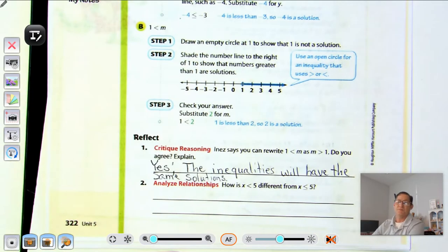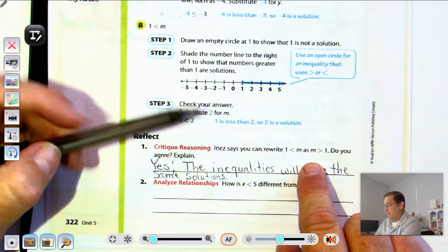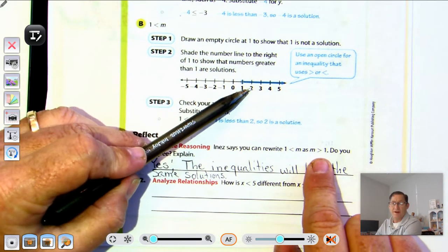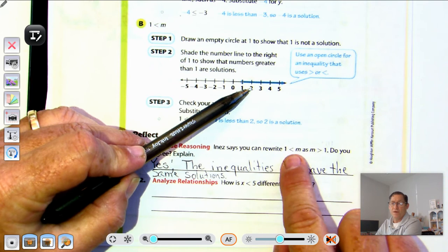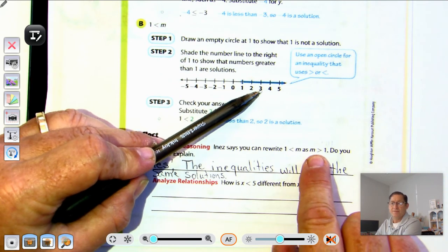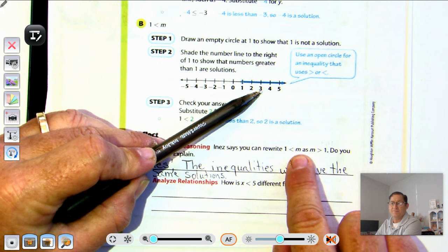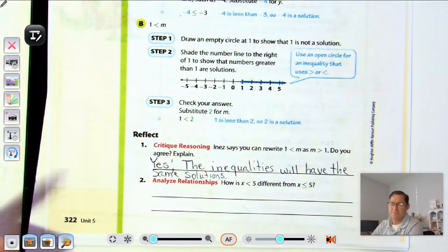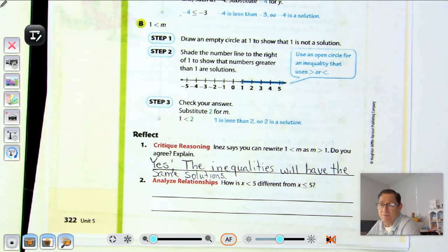Okay, but it's just being switched around. So in our number line, 2 is greater than 1, and 1 is less than 2. 3 is greater than 1, and 1 is less than 3, and so on. Okay, so she's right. You can rewrite it as m is greater than 1.